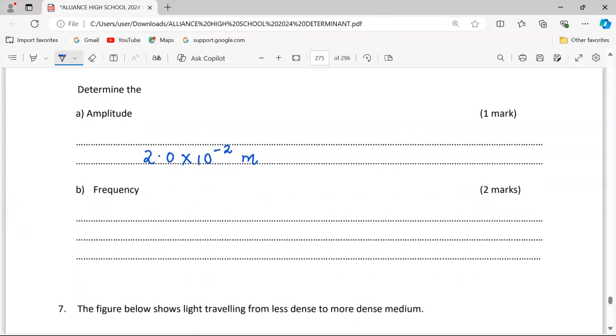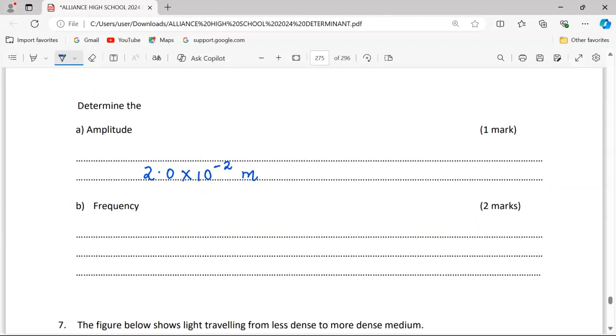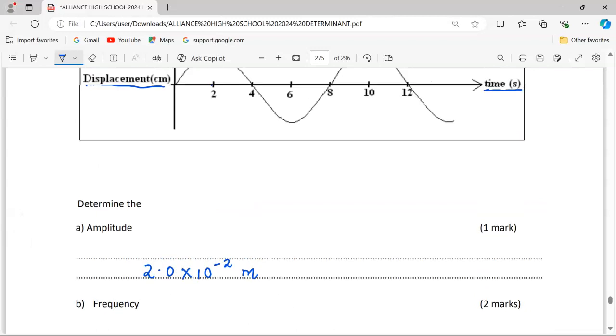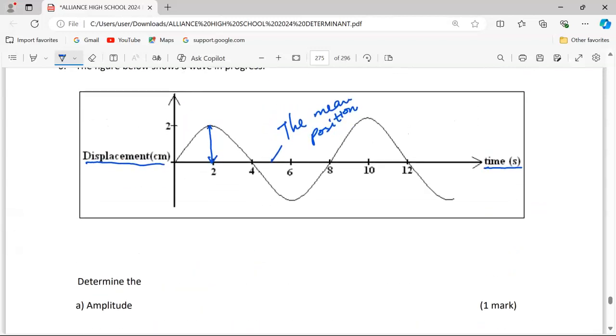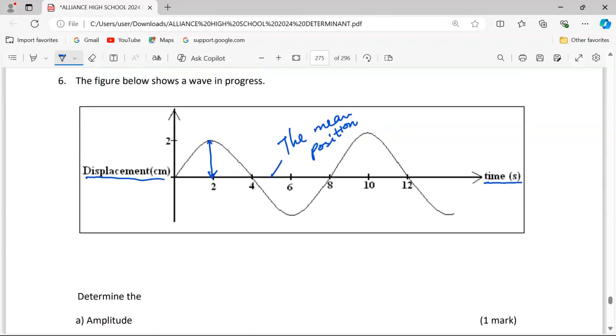Number 2, determine the frequency of the wave. Let's go back to the wave motion again. We are now determining frequency. On the horizontal axis, there is time. And from time, what we can interpret is what we call periodic time. Periodic time is the time taken to cover a complete oscillation.